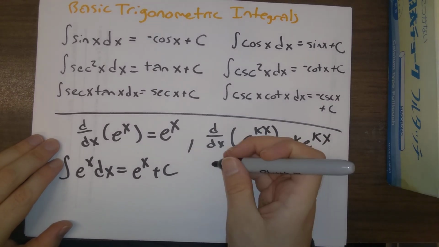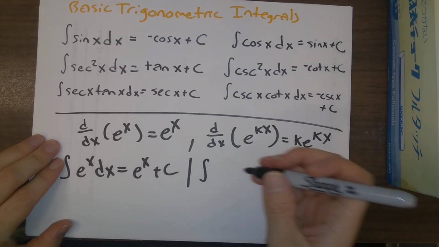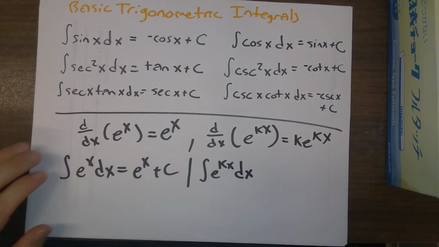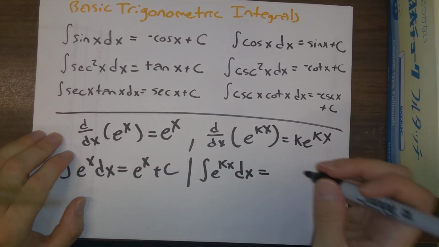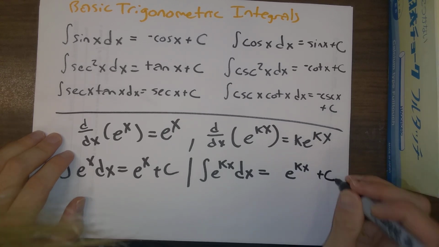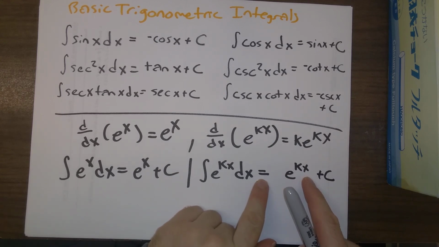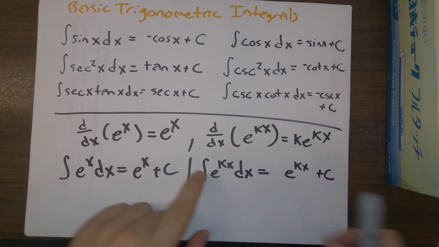Now, to do this one requires just a little bit of thought here. The integral of e to the kx dx. When we take the derivative of e to the kx, it spits out a factor of k here, and we don't want there to be a factor of k over here.